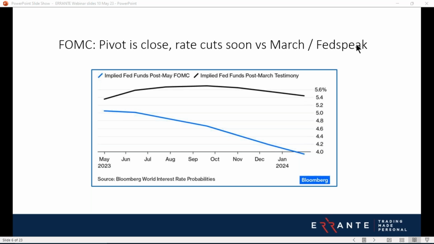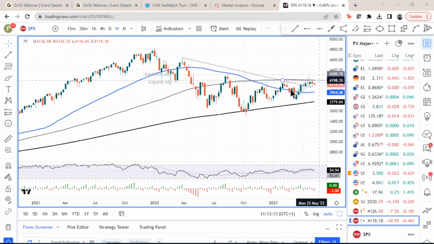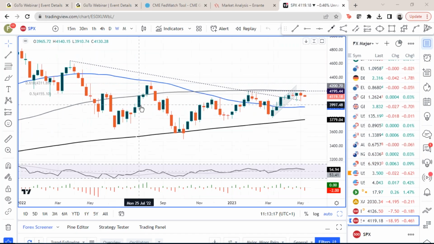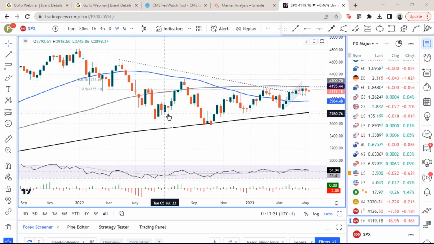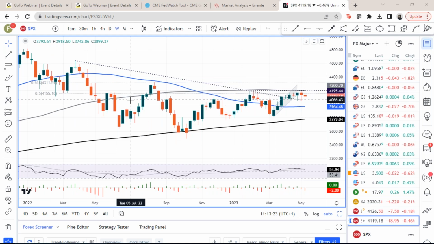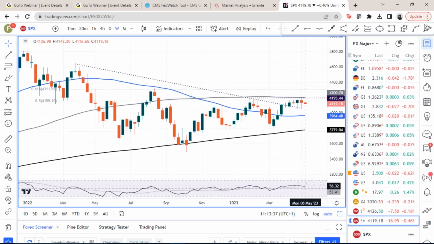As for technicals, you can see we have the S&P 500, the weekly chart here. And we can see we've actually still got this halfway point of the decline from 2022. So the midway point, 50% marker, is at 4155, and we really struggled to close above there in any meaningful way.